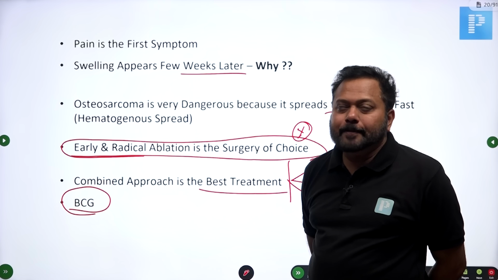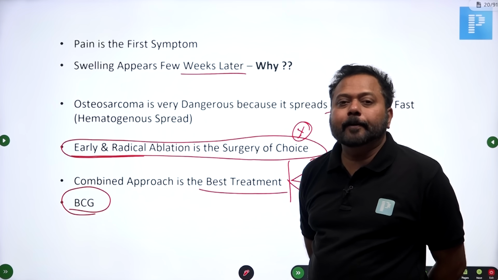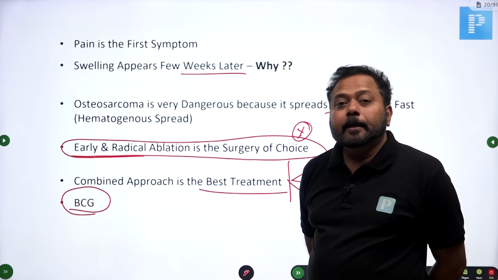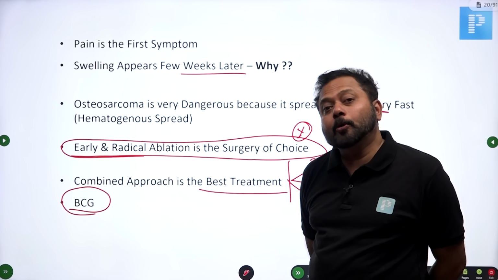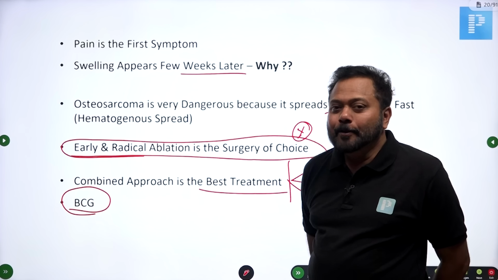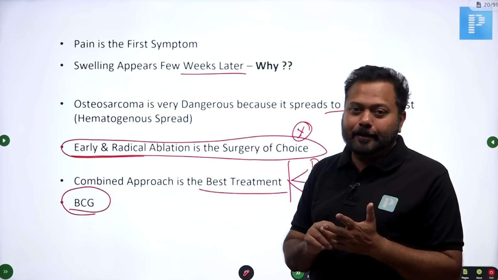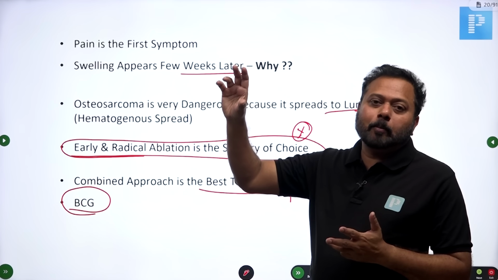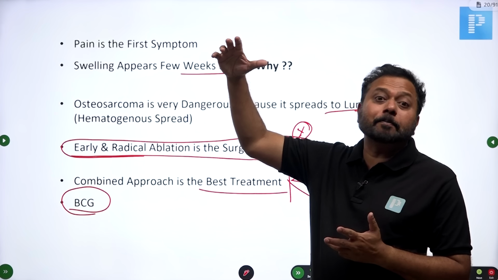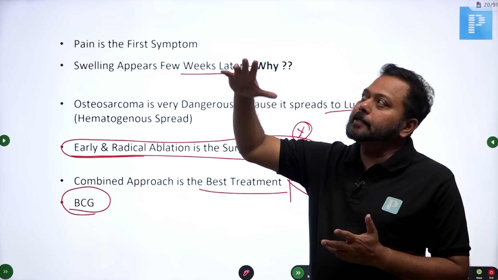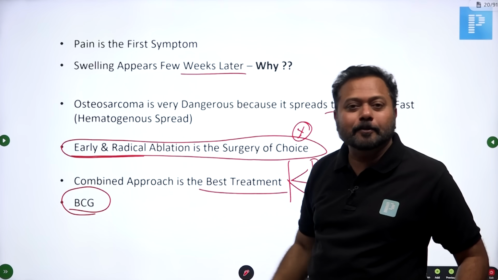When you read Bailey and Love carefully, BCG also raises the immune status in one more tumor, bladder carcinoma. So BCG is helpful in treating bladder carcinoma.